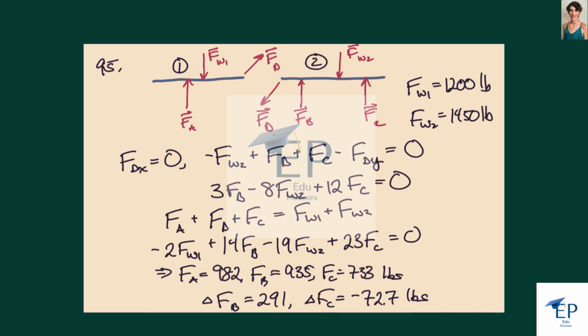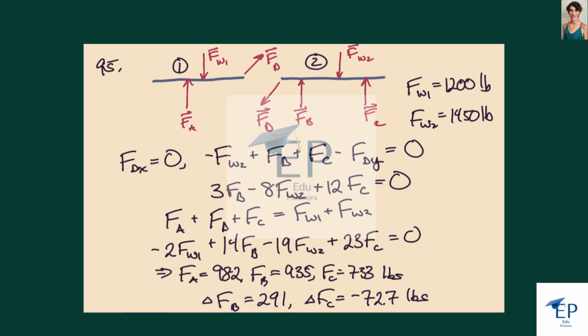The force on one of the wheels at A is 982 pounds. The force on one of the wheels at B, the back of the pickup truck, is 935 pounds, and on the front of the pickup truck, each wheel is carrying 733 pounds.